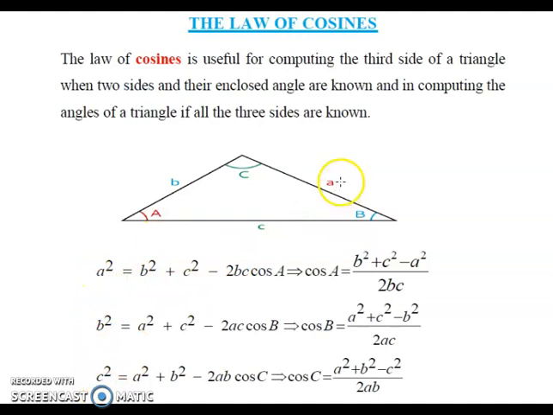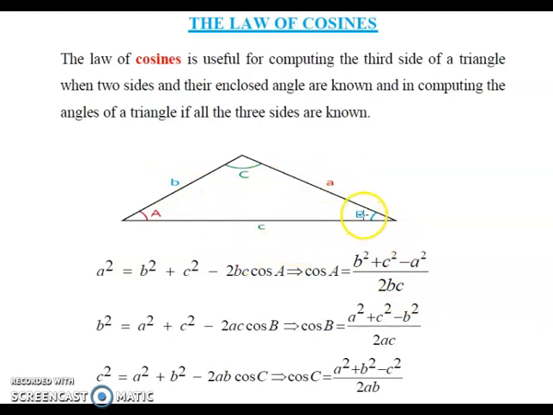If we know all three sides a, b, c, then we can find the remaining angles. If you need angle A, use this formula: cosine of A is equal to b square plus c square minus a square divided by 2bc, if you know all the three sides of a triangle.